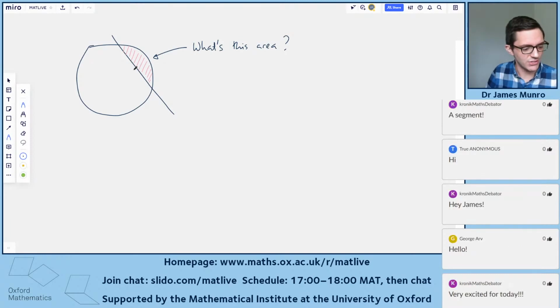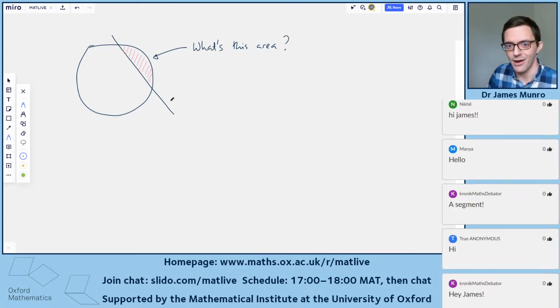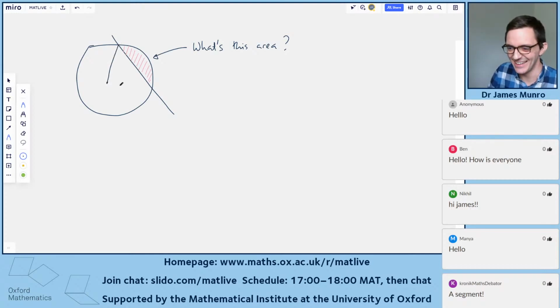I've got more of a suggestion of how we might have a method to work that out, which I'd like to run through with you all very quickly now. So here's my strategy for finding this bit of area, which chat has told me is called a sector, possibly. I'm pretty sure it's called a sector. Let's join some dots up to have some radii in here.